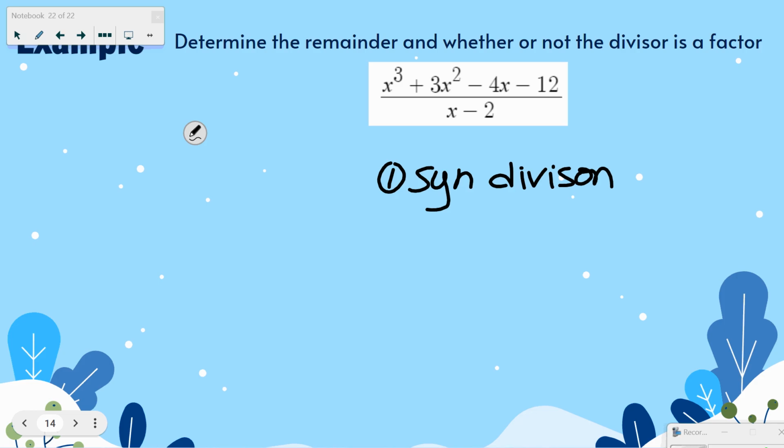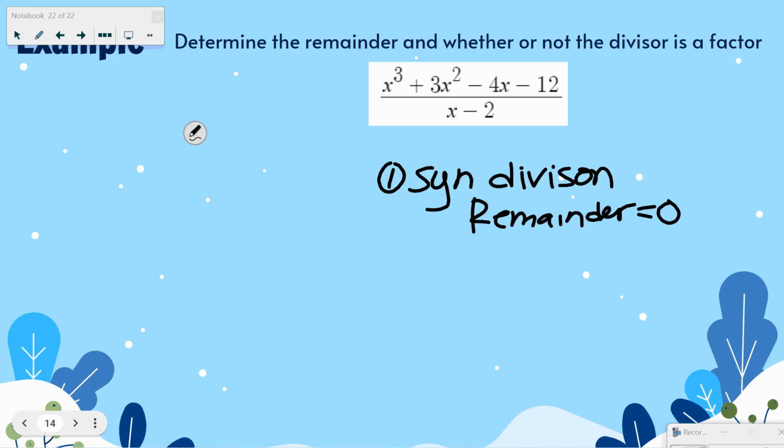Great job. What if you hate synthetic division? You could do long division, and the same thing, you would find your remainder would equal 0. But if you hate all division and don't want to do synthetic or long division, what else could you do? You're not out of luck.